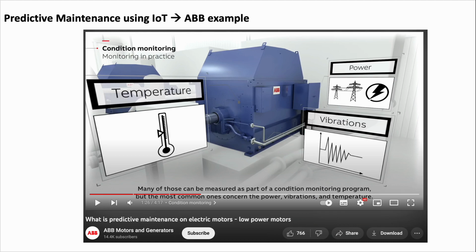The first topic that would be covered is predictive maintenance using IoT. The first example is an ABB example, which talks about an ABB sensor that has the ability to measure power, vibration, and temperature of a machine, whether it's a motor, a pump, a valve, anything.